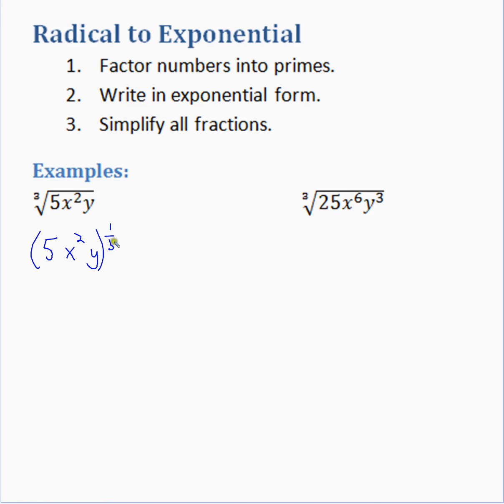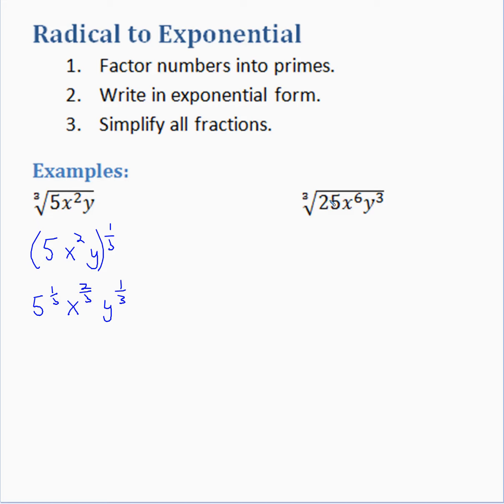Now we can use our properties of exponents, and this is 5 to the 1/3, x to the 2/3, and y to the 1/3. There's nothing to simplify here. None of those fractions reduce, so that's our answer.